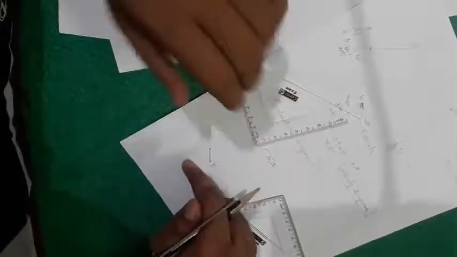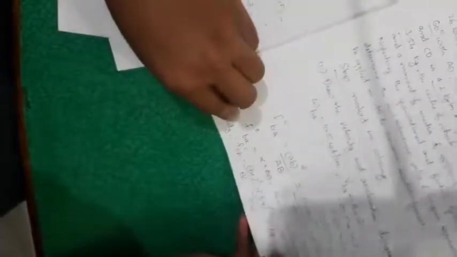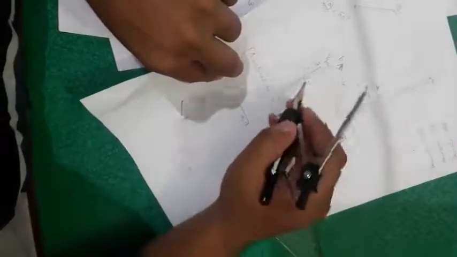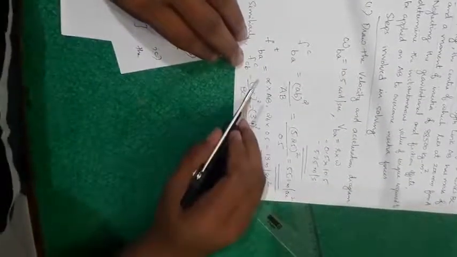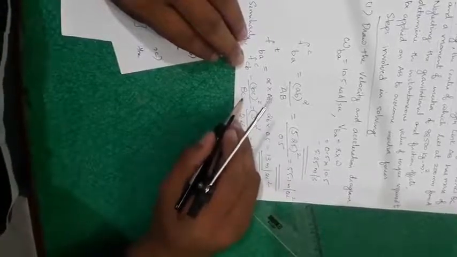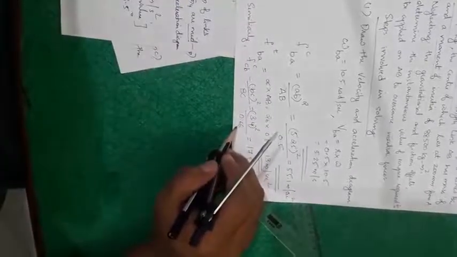Now the centripetal acceleration for link BC which we got is 17.5 meter per second square. That is, from the velocity diagram we got the value for velocity for BC is 3.4 meter per second, and the link BC is 0.66 meters, so we are getting 17.5 meter per second square.